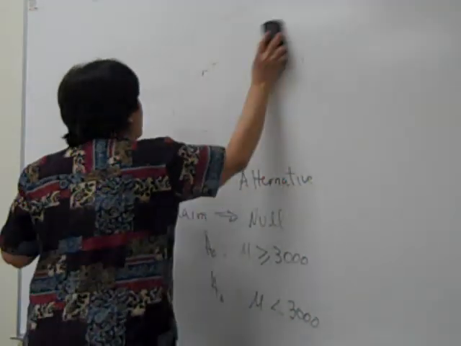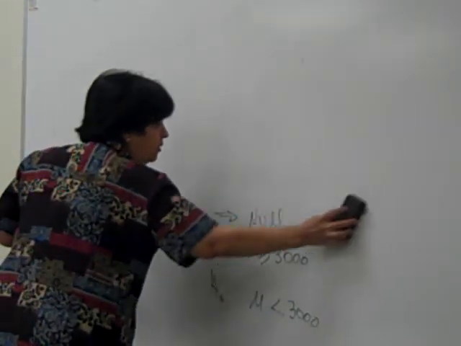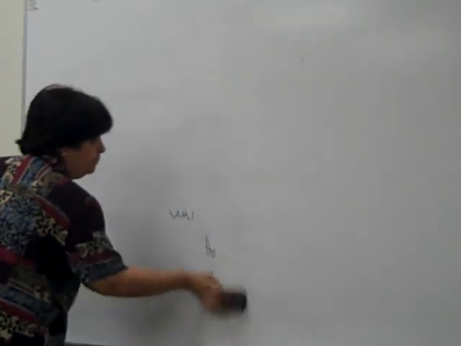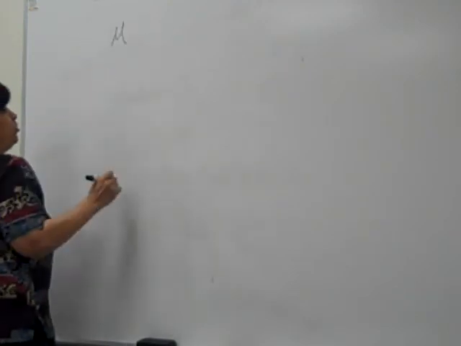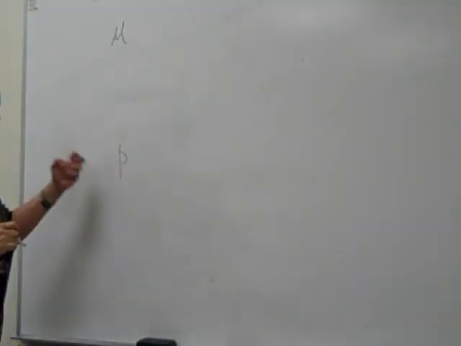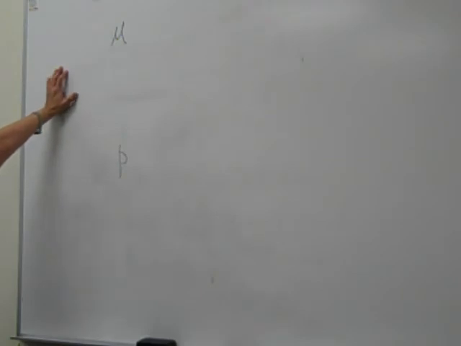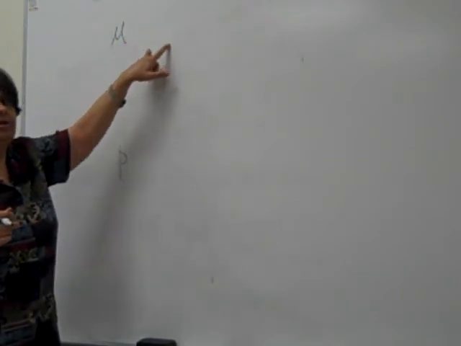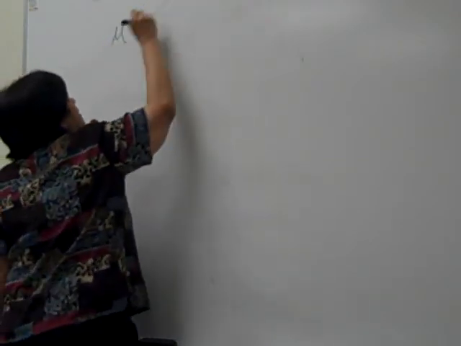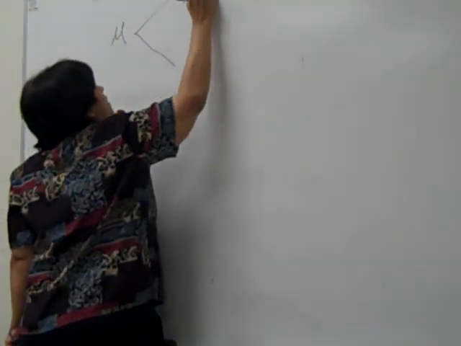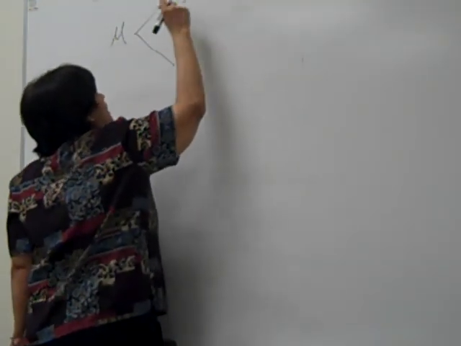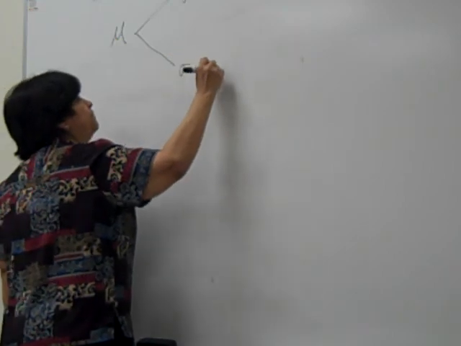Now, in this chapter, we are going to have hypotheses about the population mean or the population proportion. And we have two situations for the population mean: whether or not we know the standard deviation of the population.